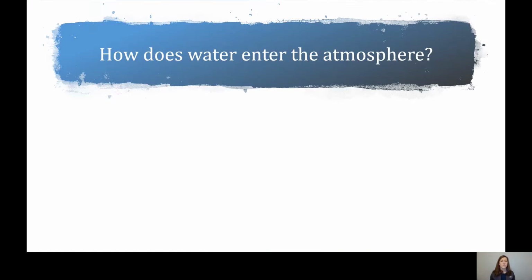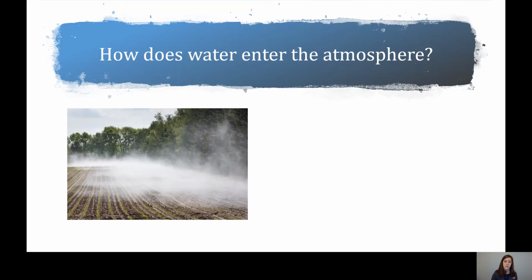So let's look at first, how does water enter the atmosphere? Well, there's a few ways. One way, and what I'm showing here could be over the surface of a lake or the ocean, is the process of evaporation. Evaporation is technically defined as, it's a chemical process really, of liquid water changing to gaseous water.